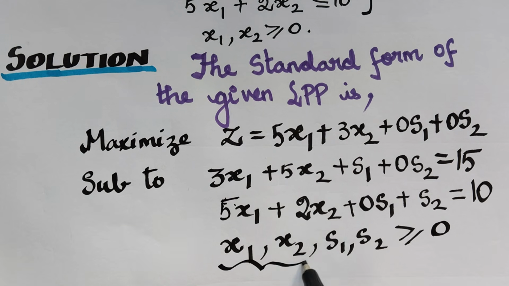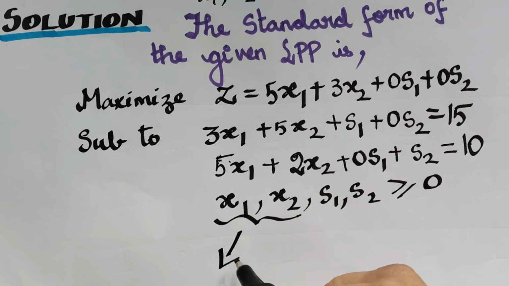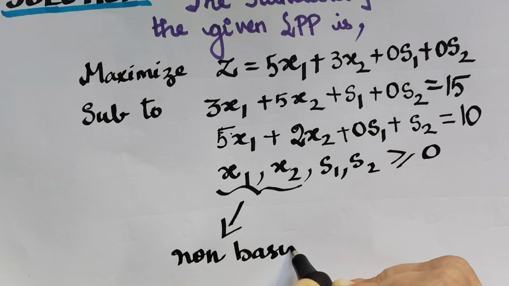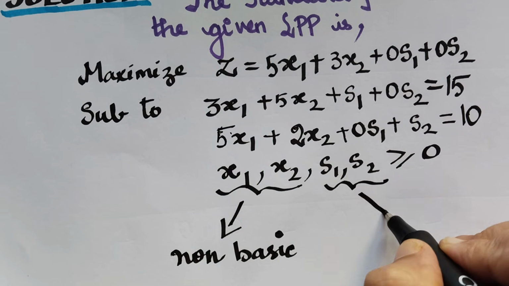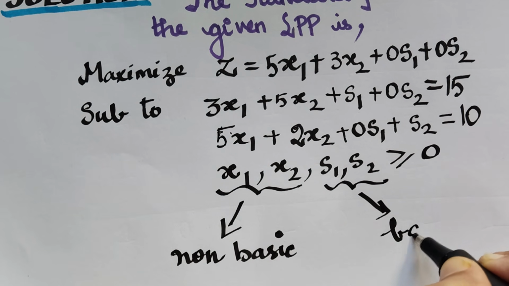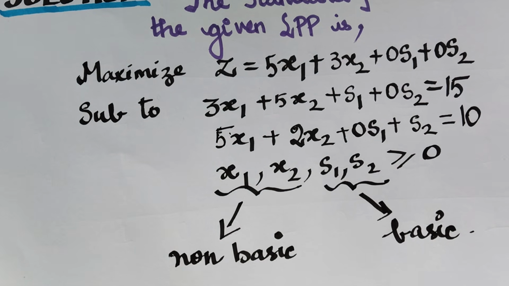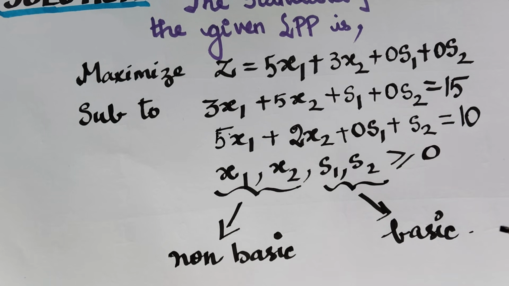Now these two variables x1 and x2 are known as non-basic variables. So these variables are non-basic. And the slack variables that we introduced in the problem are known as basic variables. So these are basic. Now after writing the standard form of the LPP, the next step is we have to find the initial basic feasible solution for the given problem.